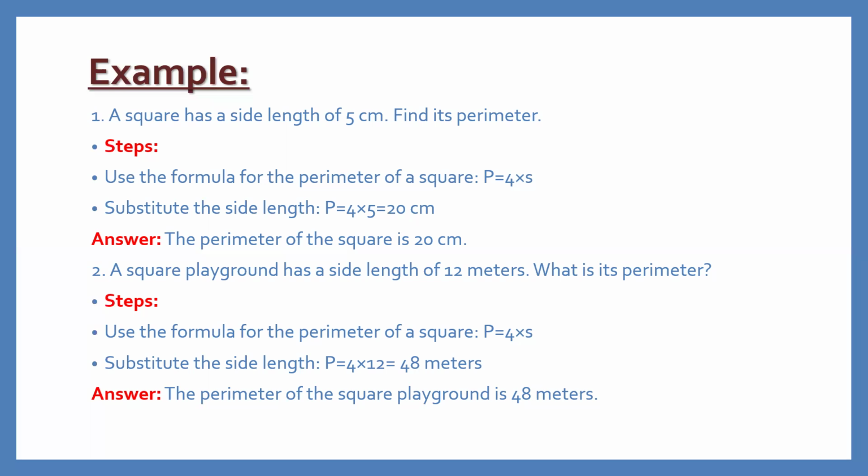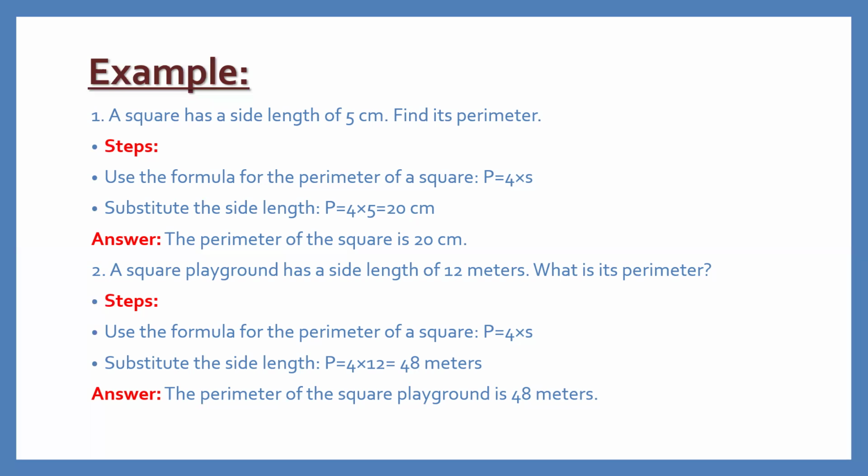Now the second example: a square playground has a side length of 12 meters. So now you are asked to find its perimeter. In the same way, we will follow the same steps. What is given to us, S is equal to 12 meters.